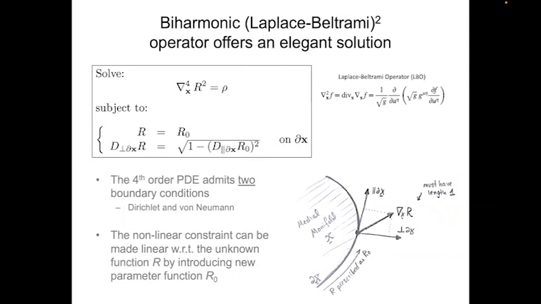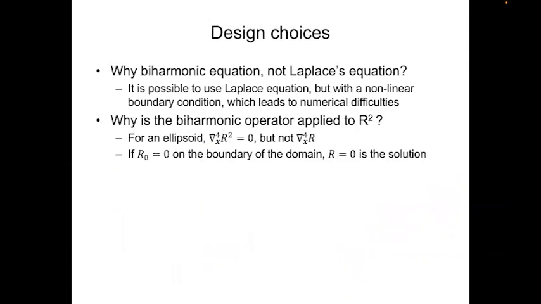It turns out that for an ellipsoid, the biharmonic operator applied to R squared is equal to 0, but that's not the case for R. So that was one aspect, and more generally, if you formulate the equation with R squared and you prescribe R0 to be equal to 0 along the boundary of the domain, then the solution will be R equals 0. But again, this is not the case for R.